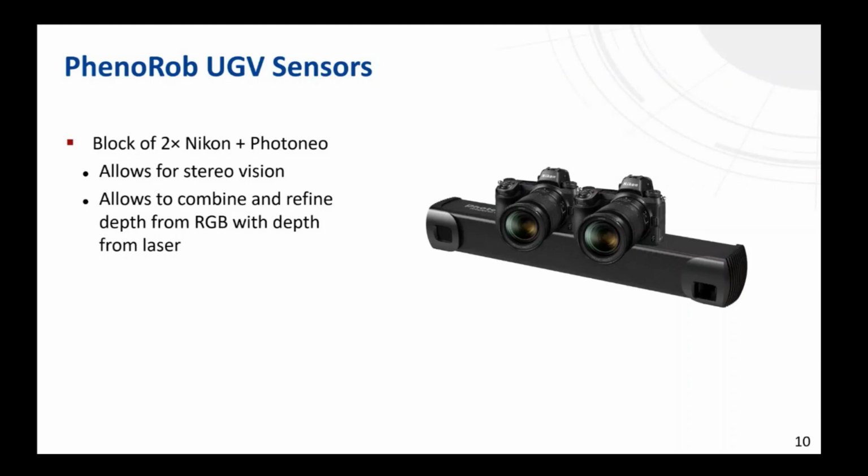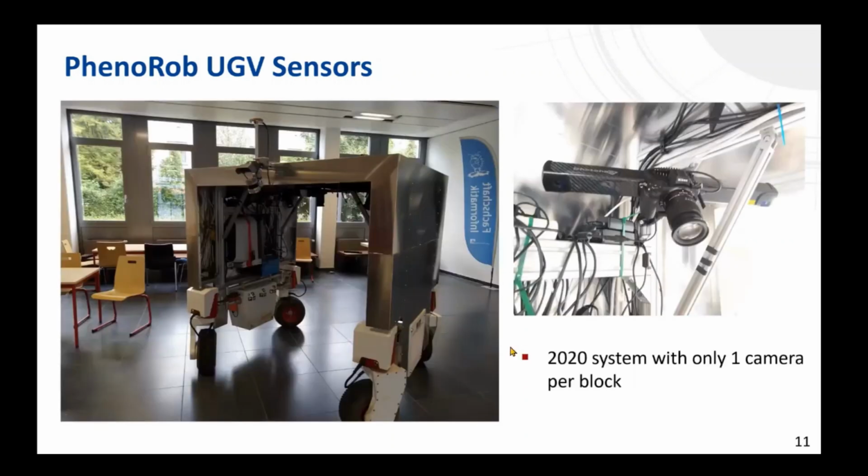This year, we combined 2 cameras with the 3D sensors, so that we can also compute depths from the camera images alone. Here you see last year's version of the robot.